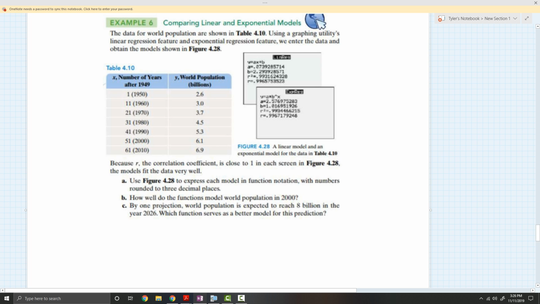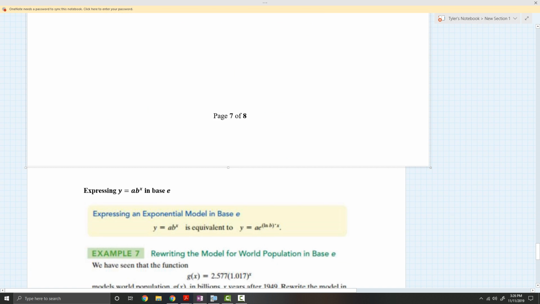All right, so for part A, what we're asked to do is express each model in functional notation with numbers rounded to 3 decimal places, right? So we can easily do that.